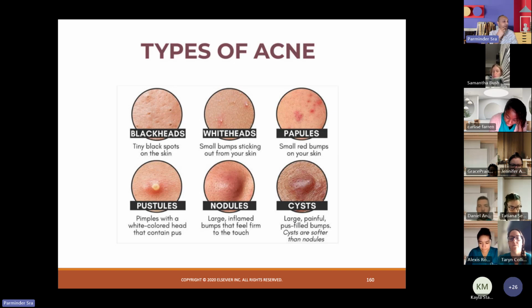The surface is exposed to air, causing the clogged material to darken in color. That's why they look black. Okay. Now the other ones, the bottom ones, those are inflammatory ones, like your papules, pustules, nodules. They're all inflammatory.